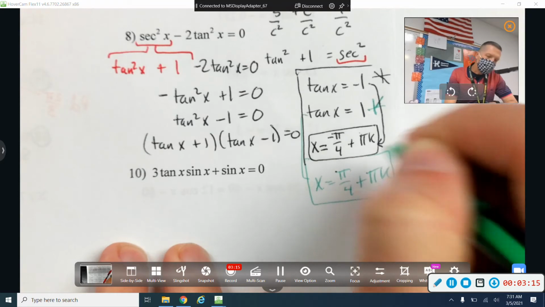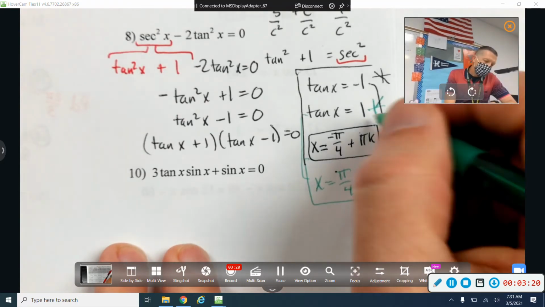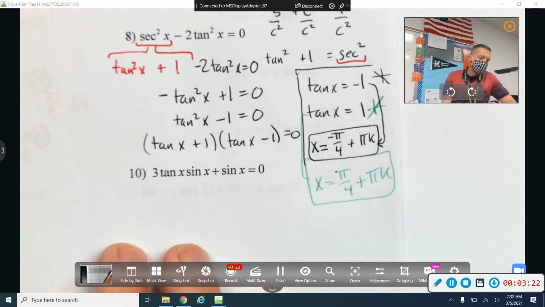So there's my two sets of answers. So really any odd multiple of pi over 4 is going to work for that problem. What else? What other questions do you have from this worksheet? Let's do at least one more from worksheet 3.